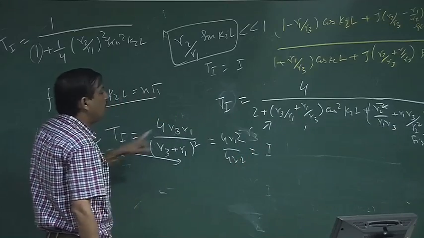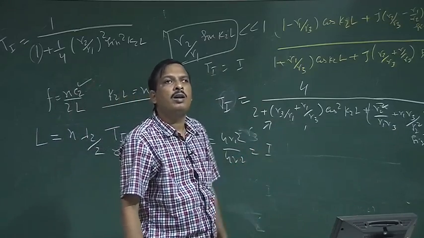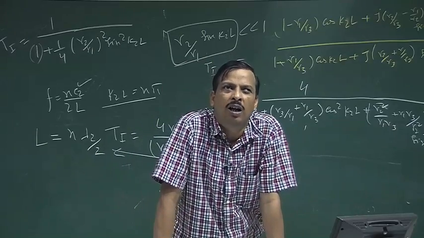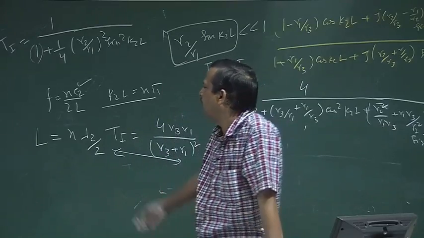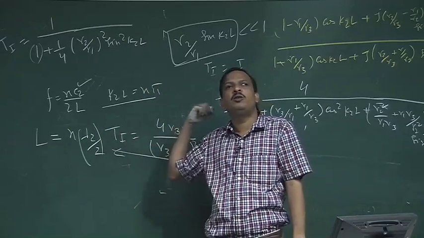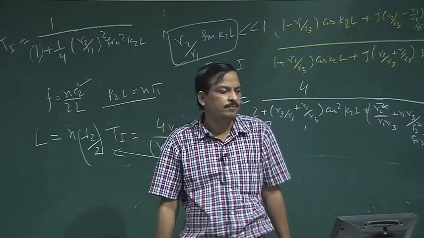So, those frequencies will pass through the wall. If the length of the wall is an integer multiple of the half wavelength of the frequency, then those frequencies will pass through the wall.